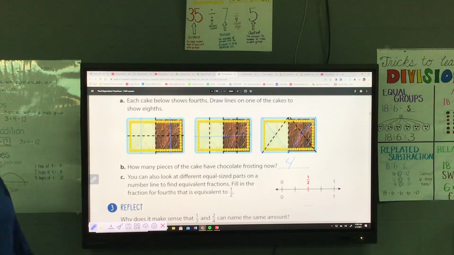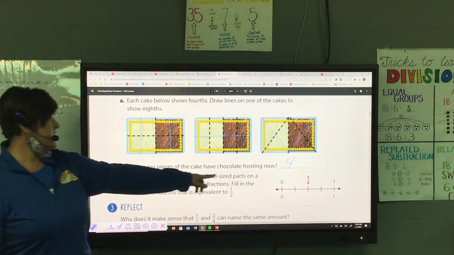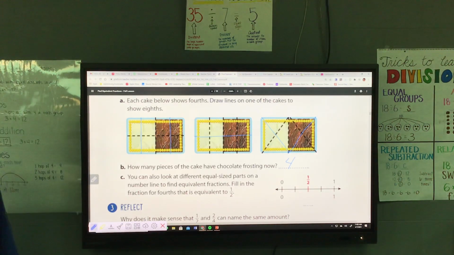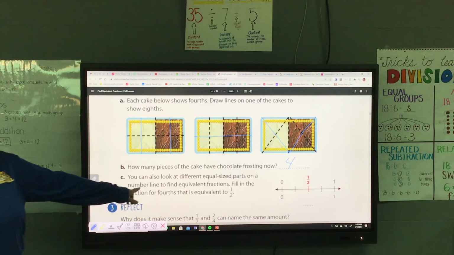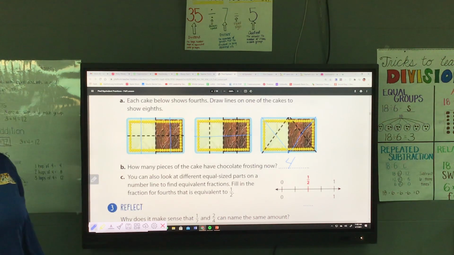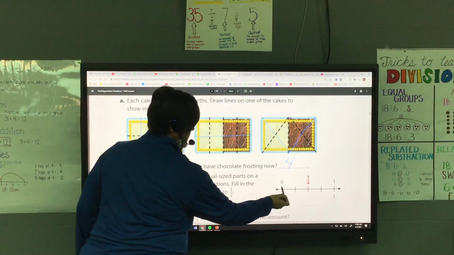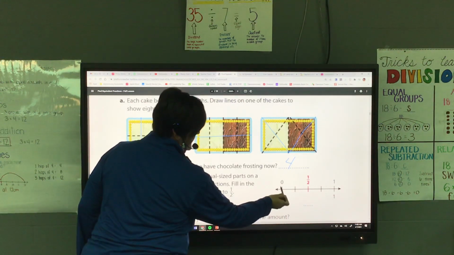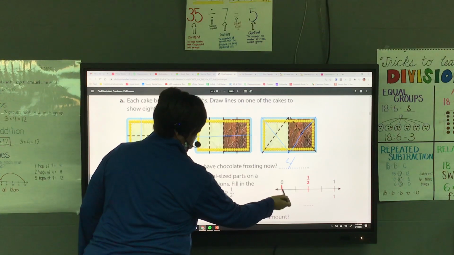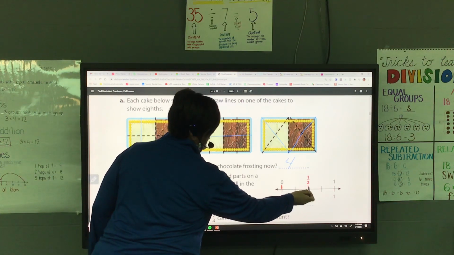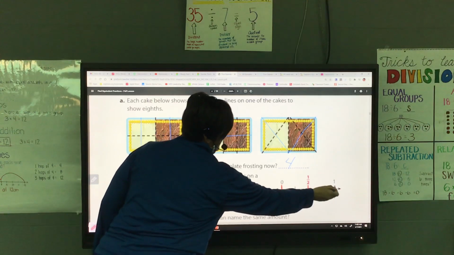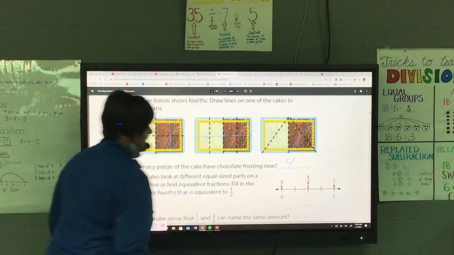All right. You can also look at equal-sized parts on a number line to find equivalent fractions. Fill in the fractions for fourths that is equivalent to 1/2. So they're saying here that this would be 0, this is 1 part, and this would be the second part, right?